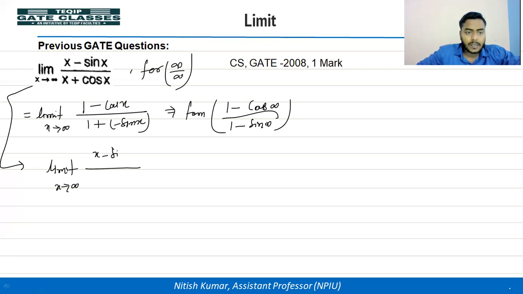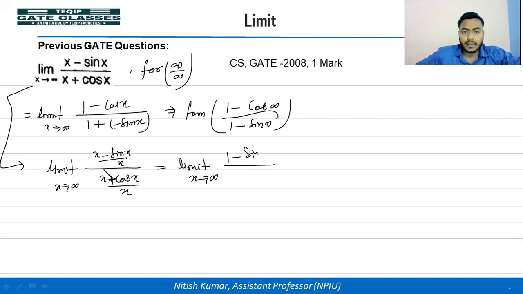So x minus sine x divided by x, plus cos x divided by x. We can write 1 minus sine x by x, 1 plus cos x by x.